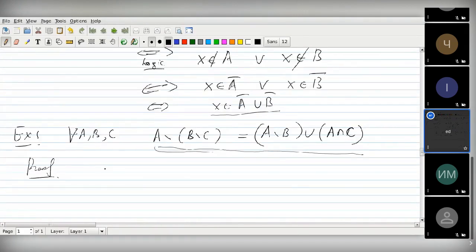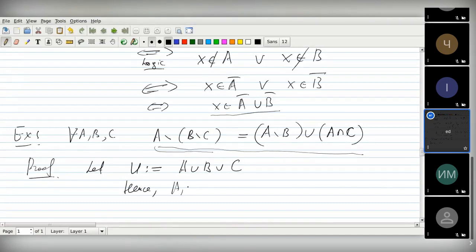So I want to take some universe. The only thing I want from the universe is that every set A, B, C is a subset of this universe. So I want to take the union of these three sets as the universe.